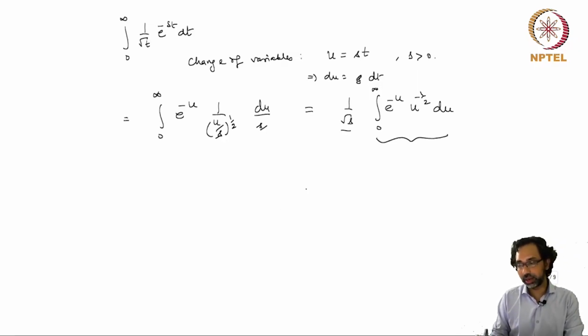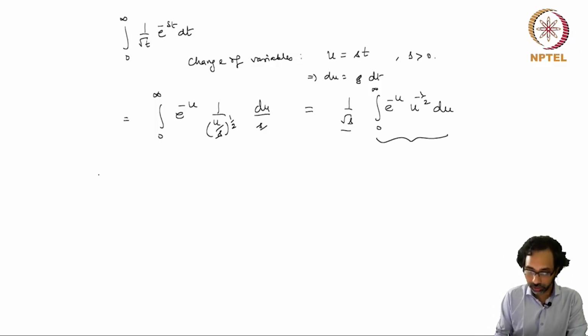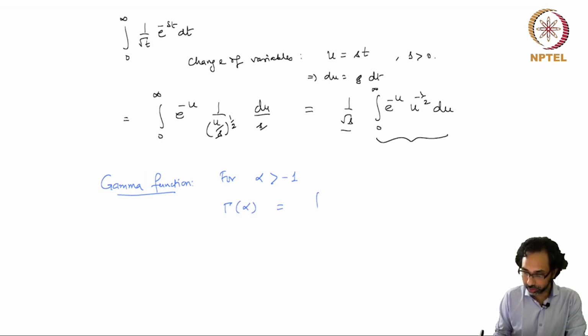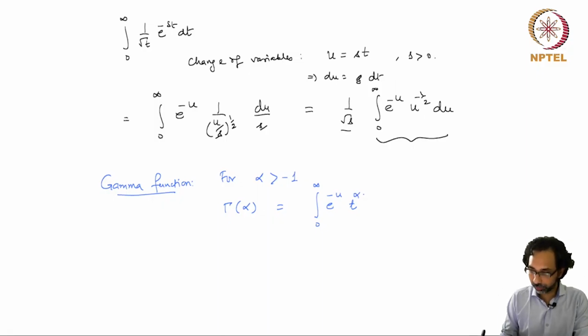Now this integral has a name as a special function, and this is known as the gamma function. So for alpha greater than minus 1, gamma of alpha is the integral from 0 to infinity of exponential minus u times u to the power alpha minus 1 du.